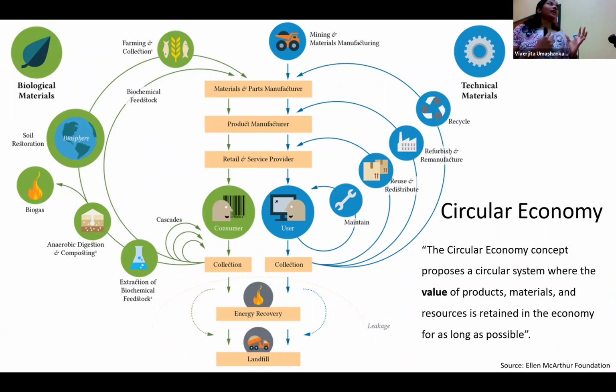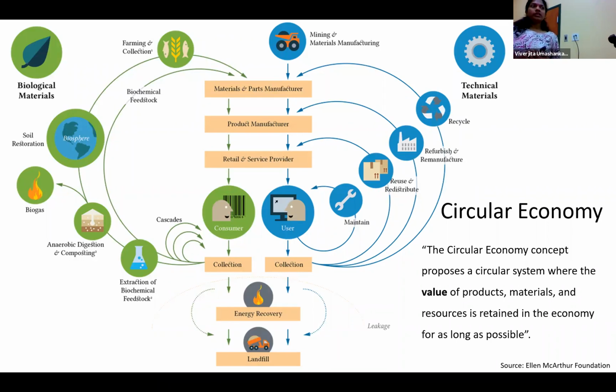This concept is popularized by the Ellen MacArthur Foundation. They propose a circular economy, in quotes, as a circular system where the value of products, materials, and resources is retained within the economy for as long as possible. So this is the vision of the circular economy.